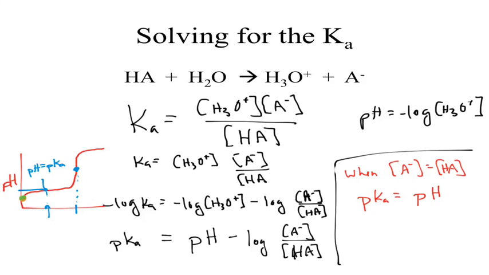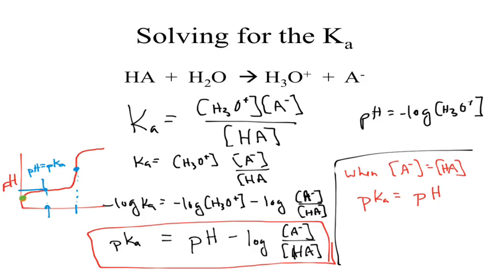Okay. Most of that comes from the algebra of manipulating your Ka expression to end up with this key expression at the bottom, which your book may manipulate a little bit. This expression is known as the Henderson-Hasselbalch equation because it was Henderson and Hasselbalch that happened to discover this relationship.